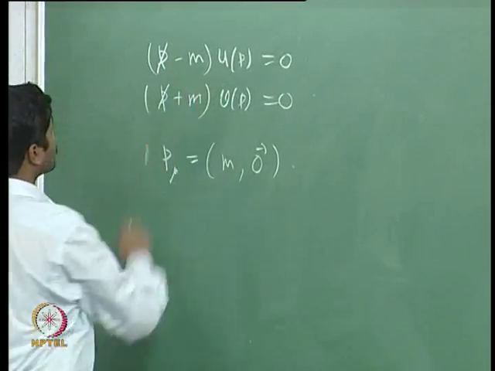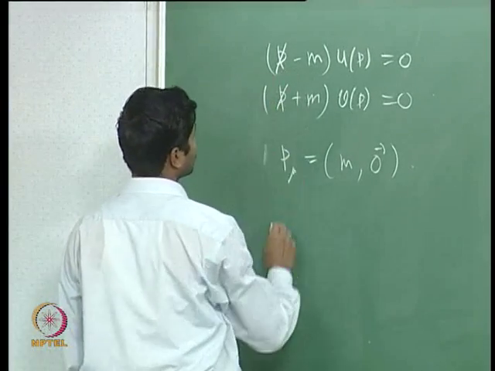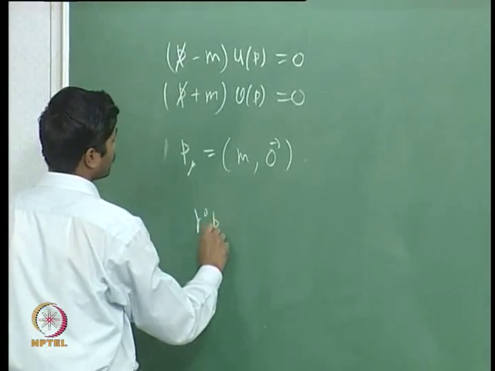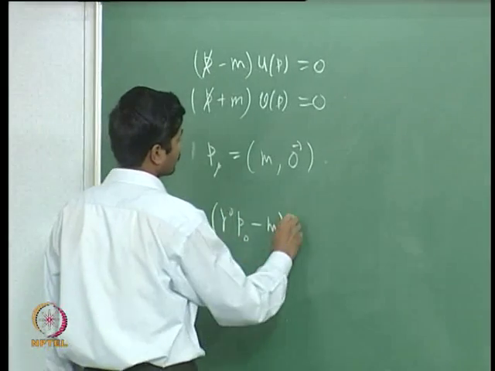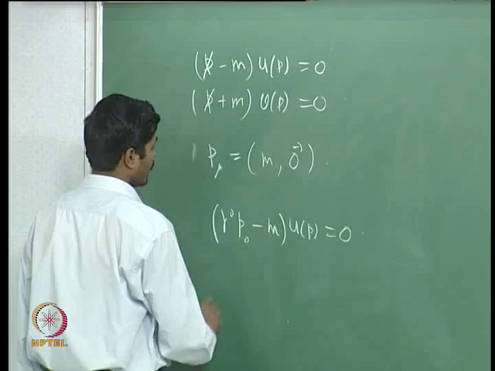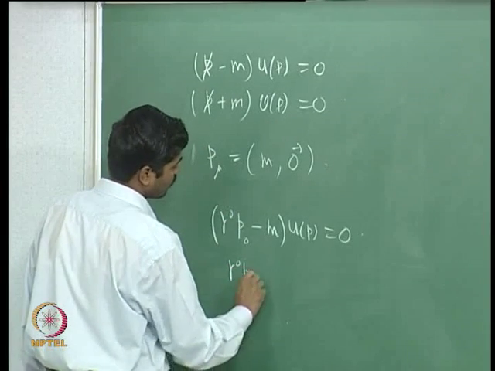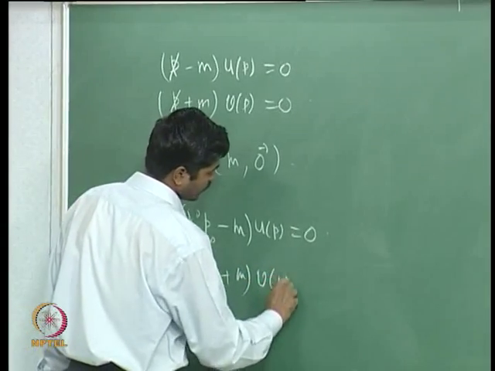In the rest frame, these two equations look like the following. This equation looks like (gamma 0 p 0 minus m) acting on u of p equal to 0, and the second equation looks like (gamma 0 p 0 plus m) acting on v of p equal to 0.